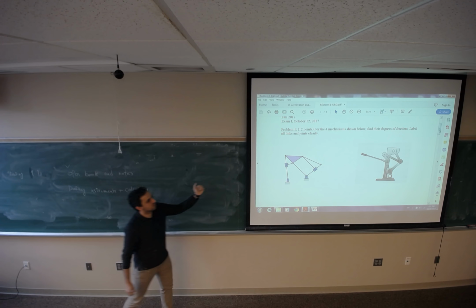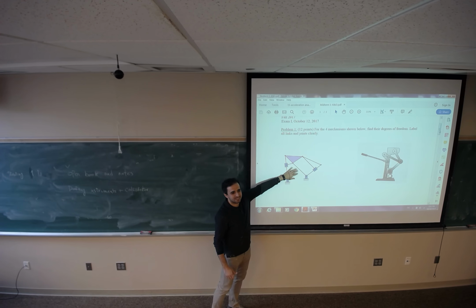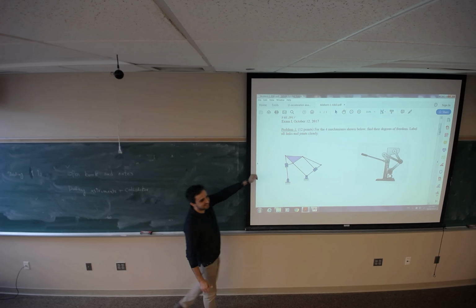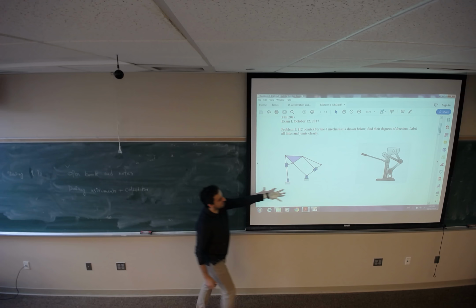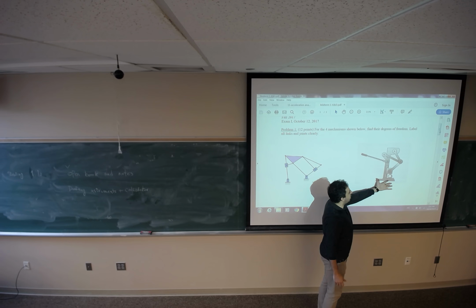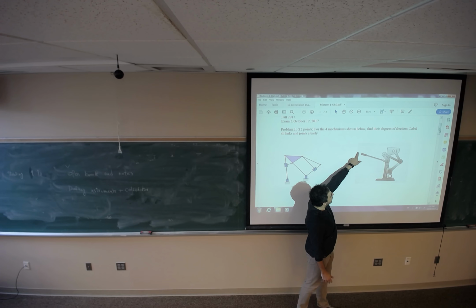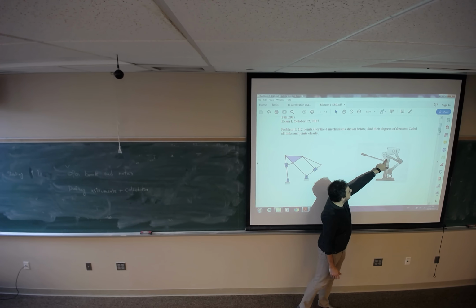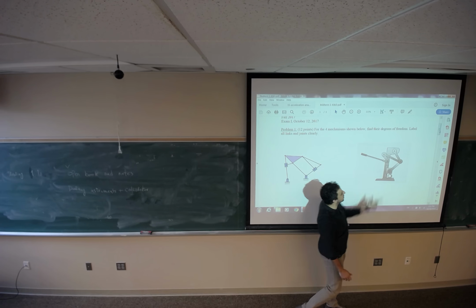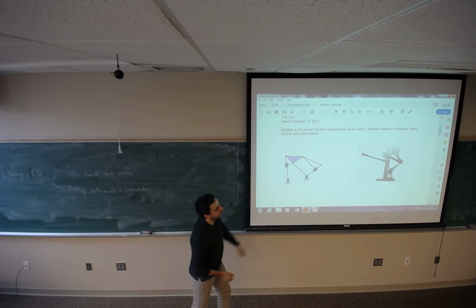So can you count the number of links for this? Okay. And for this one, one is ground. This entire handle, it's one link. Don't count twice because one link is binding. I think that's the tricky part of this problem.